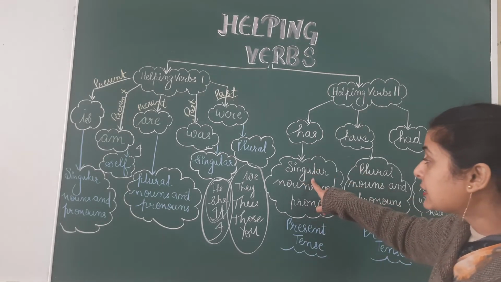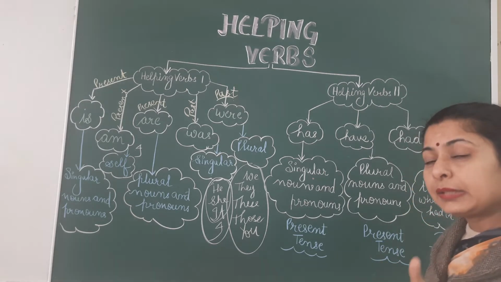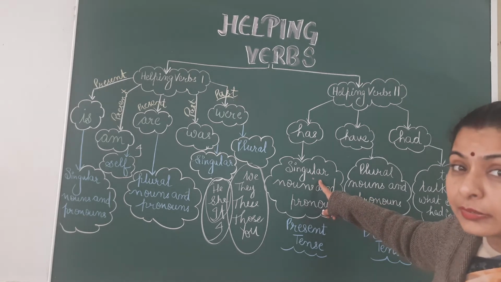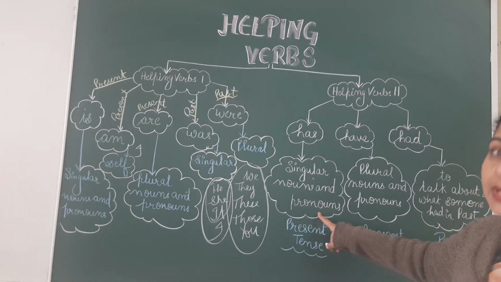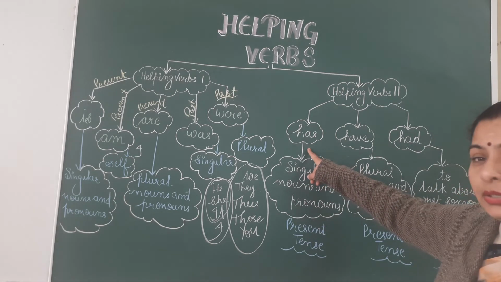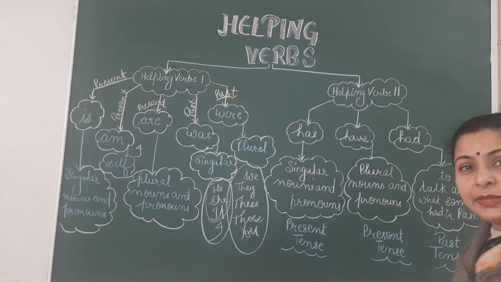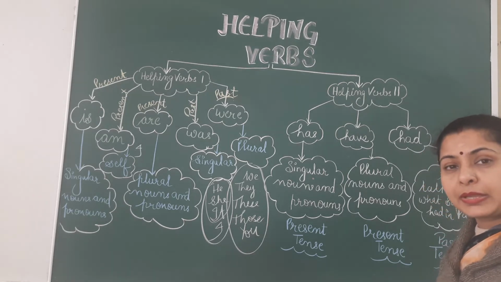When the subject of the sentence is singular, it means singular nouns and pronouns की possession को show करने के लिए we use the word has. For example, he has a blue car.